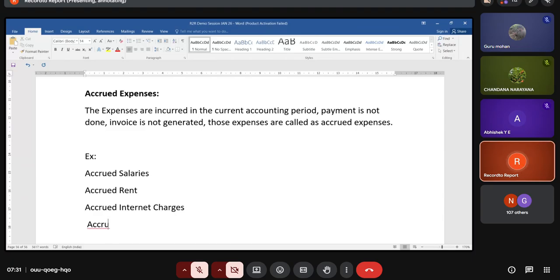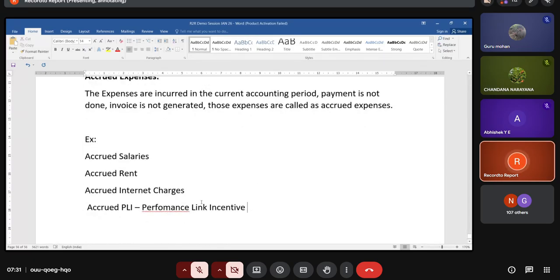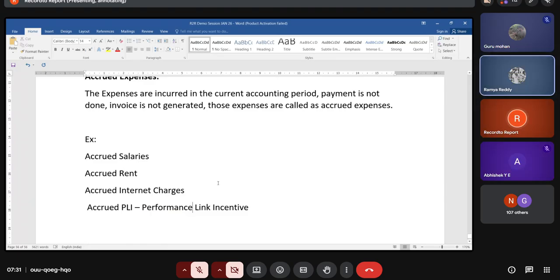What is the meaning of PLI, guys? In companies, they use the term PLI, not variable pay. PLI is Performance Linked Incentive.